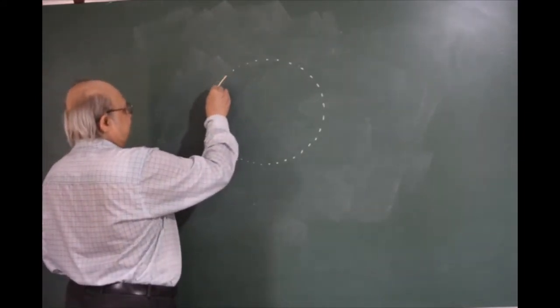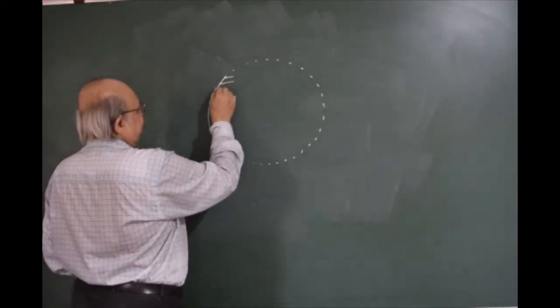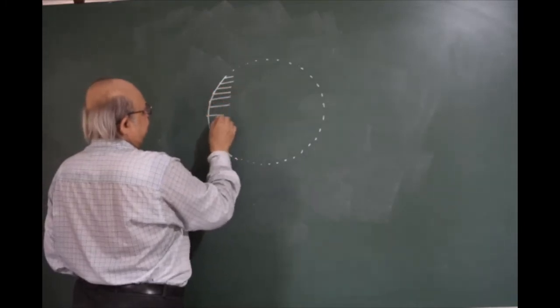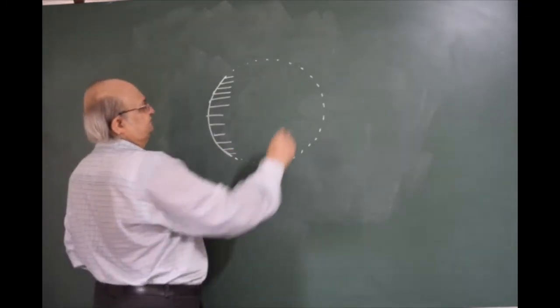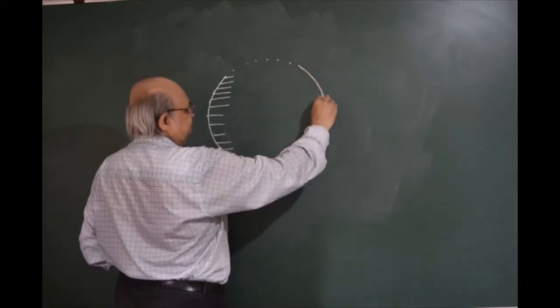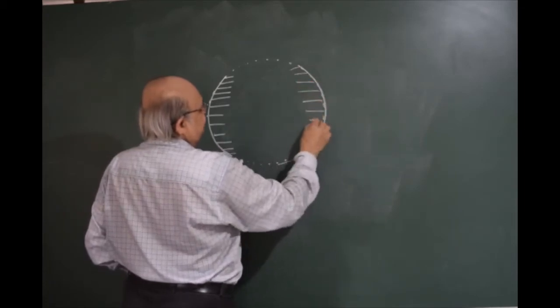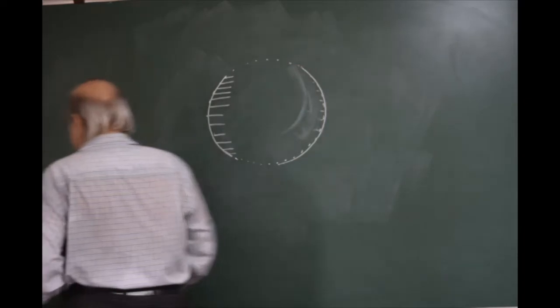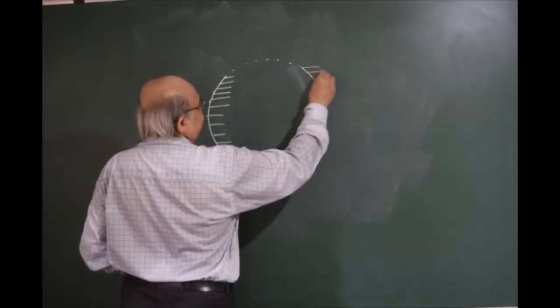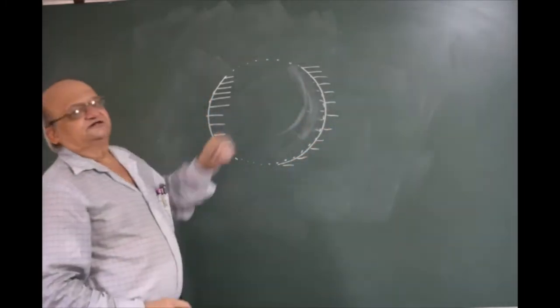We take this part and polish it inside, so that the inner side becomes shiny, and we take this part and polish the outer side so that the outer side becomes reflective.